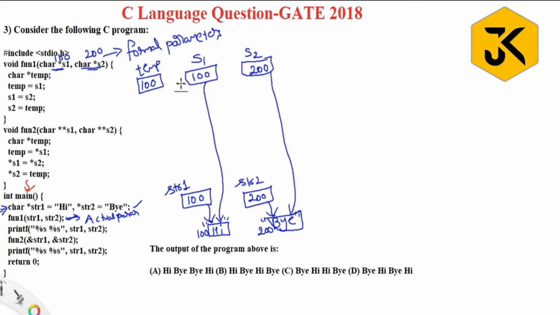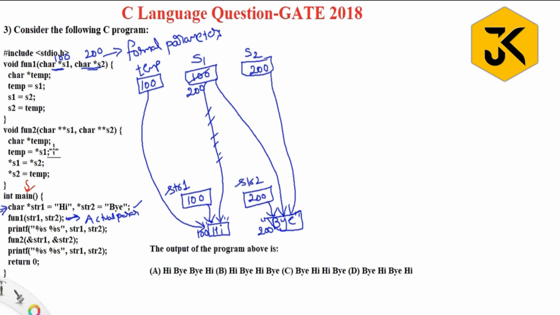Now temp equal to s1 means temp is also pointed to this particular location. Then s1 equal to s2 means the s2 value is copied to s1, so it is having 200, and now it will be pointed like this.